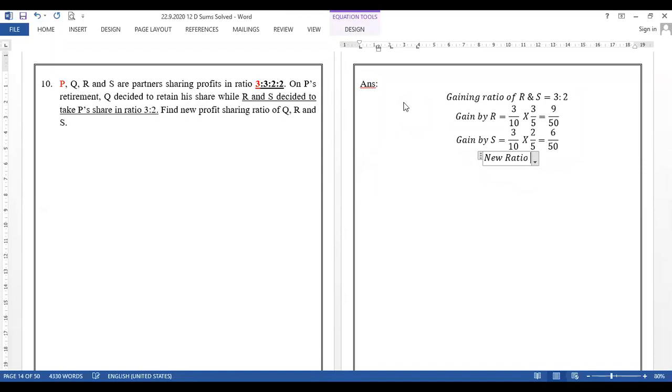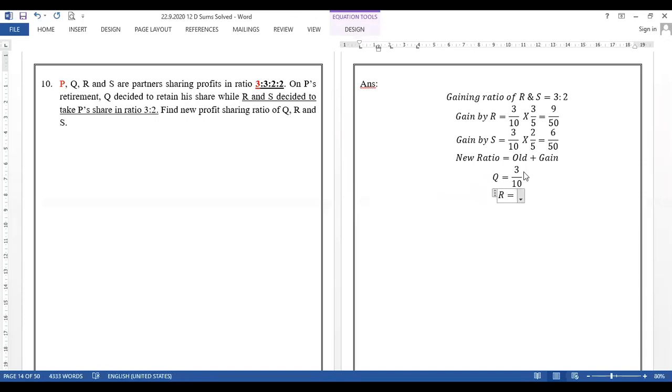New ratio will be equal to old plus gain. So for Q, we are told that Q decided to retain his share. So what is his share? Let us find that. It is 3/10, right? So no change in his share. Let us go to R now.